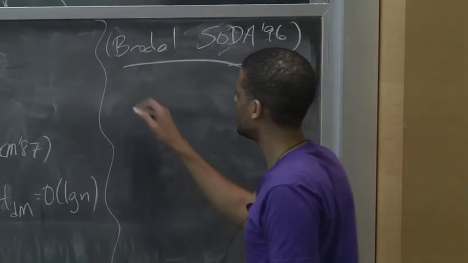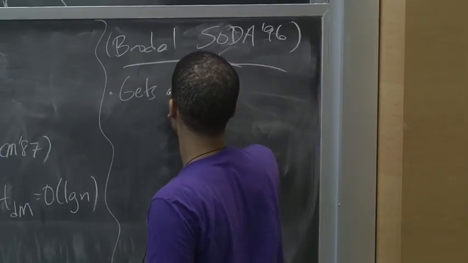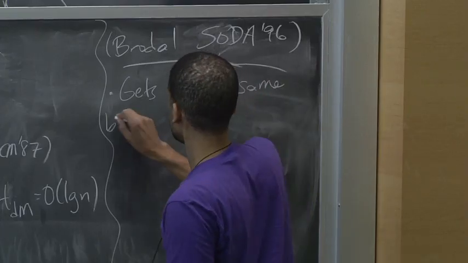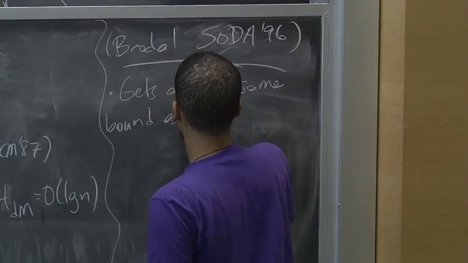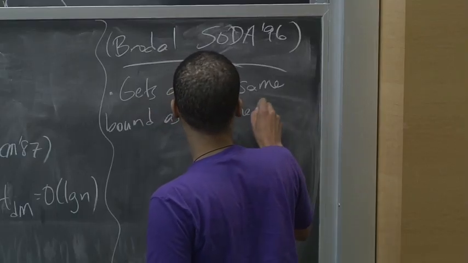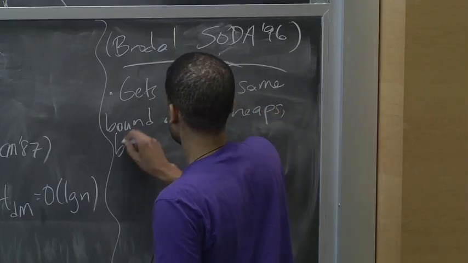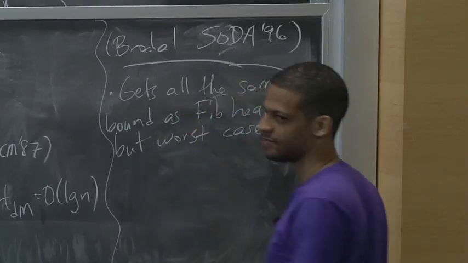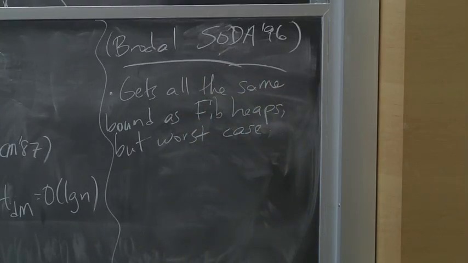What does he do? Gets all the same bounds as Fibonacci heaps, but worst case, not amortized.